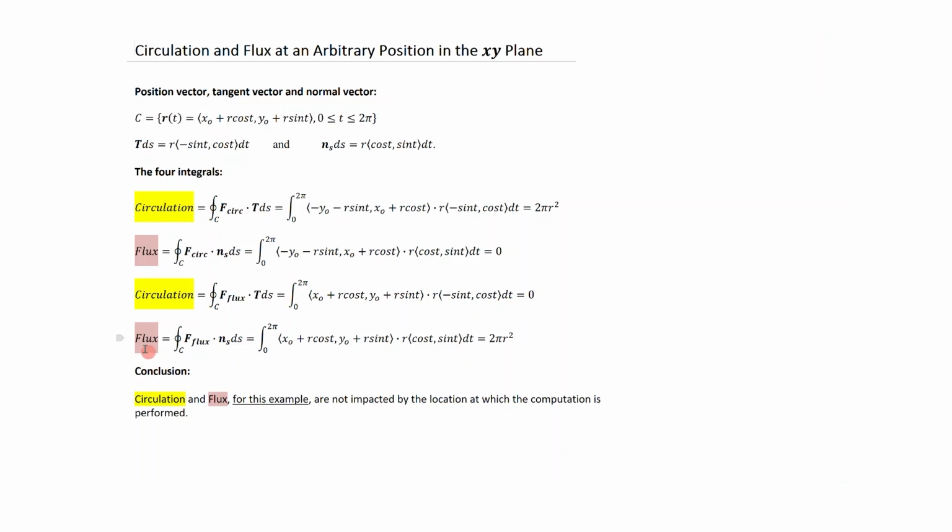And if we calculate the flux, assuming the field is pure flux form, we end up with 2 pi r squared. So the general conclusion we can state based on our observations is that the circulation and flux for this particular example, not for all possible cases, these are linear fields we're dealing with, are not impacted by the location at which a computation is performed.